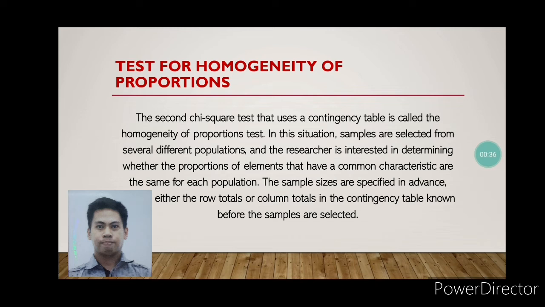The sample sizes are specified in advance, making either the row totals or column totals in the contingency table known before the samples are selected.